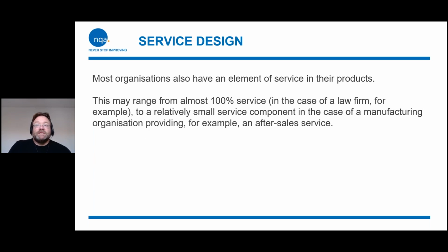So most of our organizations, as you can probably imagine, if you're thinking about your own organization, have an element of service in their product. That may range from almost 100% service industry, like law firms or whatever it may be, where that's what they do as a business, to a relatively small service component in the case of manufacturing, such as after sales.